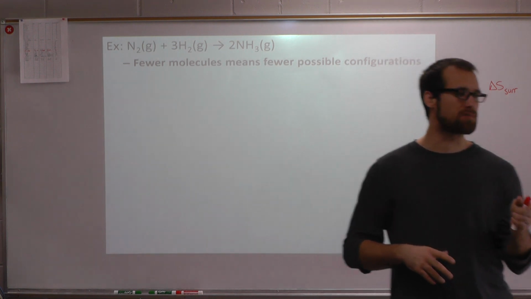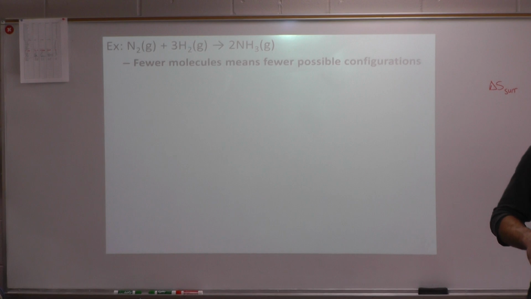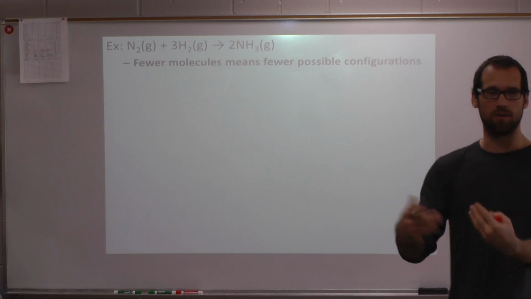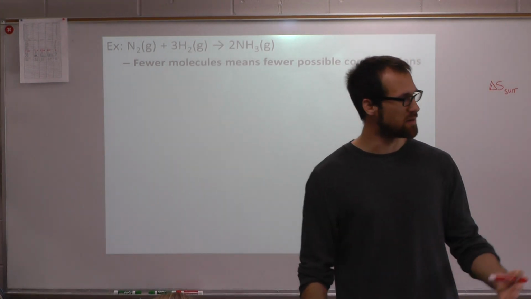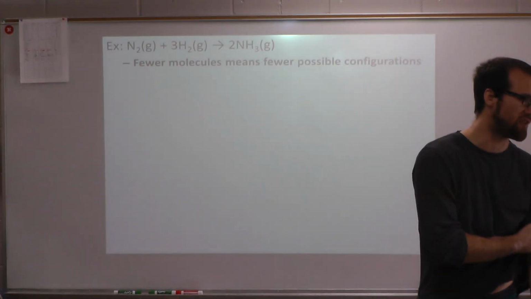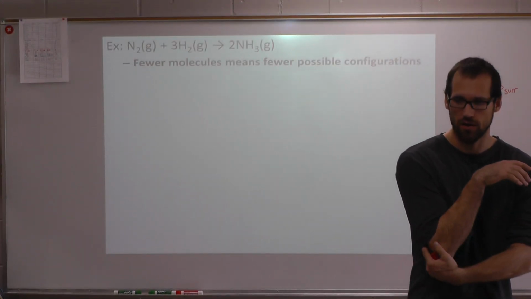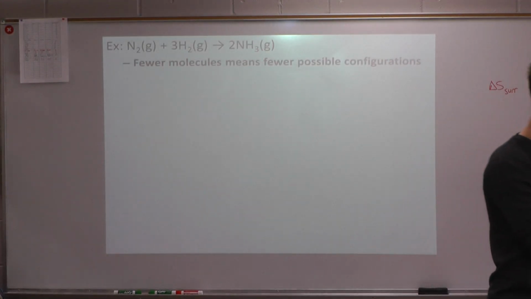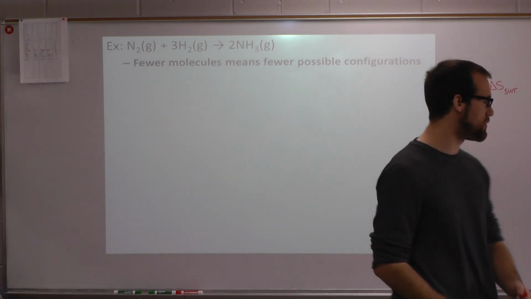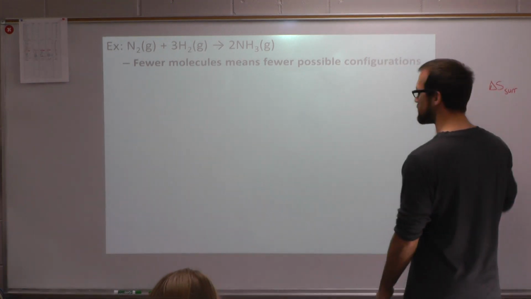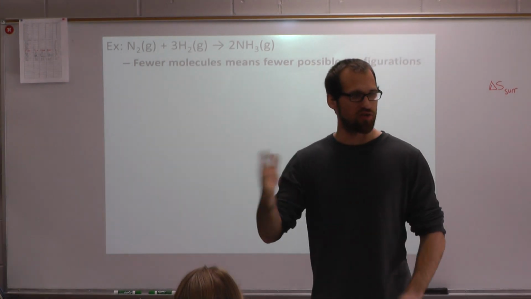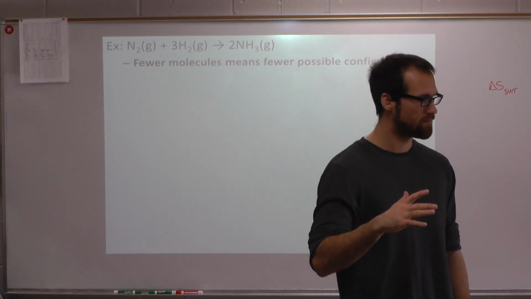Now, temperature does play a factor. Remember how we said the whole giving money to a millionaire versus giving money to somebody who is poor, there's a difference. So, yes, temperature plays a part, but the driving force for determining the entropy of the surroundings is whether energy is going in or out of the surroundings.